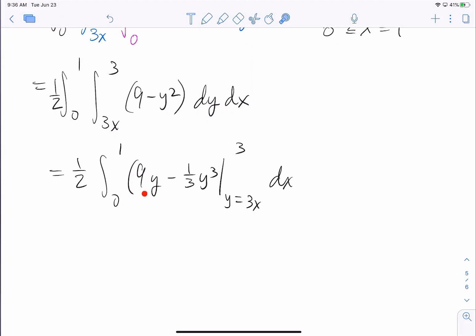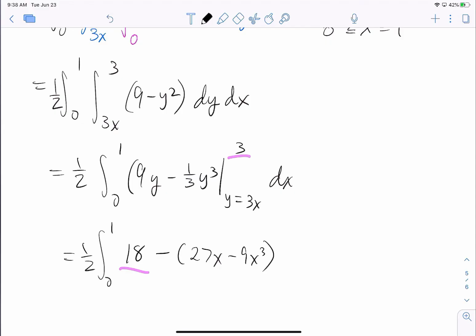Putting 3 in place of y is going to give us 27 minus 1/3 of 27, so 27 minus 9, 18. Putting 3x in place of y is going to give us 27x minus 9x cubed. So we have 1/2 of the integral from 0 to 1 of 18 minus the quantity of 27x minus 9x cubed dx.